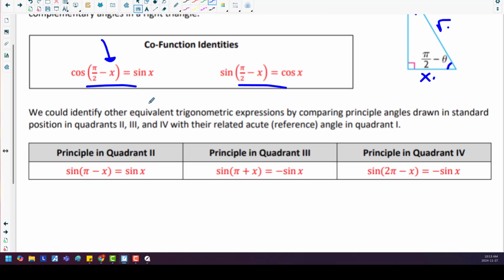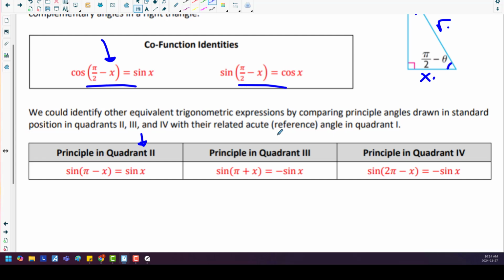Here we have equivalent trigonometric expressions by comparing principal angles drawn in standard positions in quadrants 2, 3, and 4 with the related acute reference angle in quadrant 1. So sine of pi minus x is equal to sine x, and that's in quadrant 2.